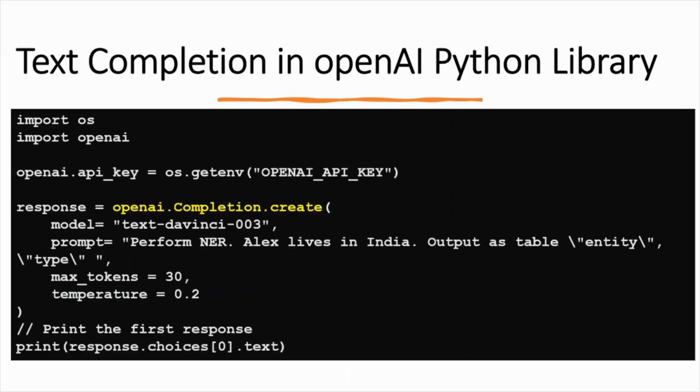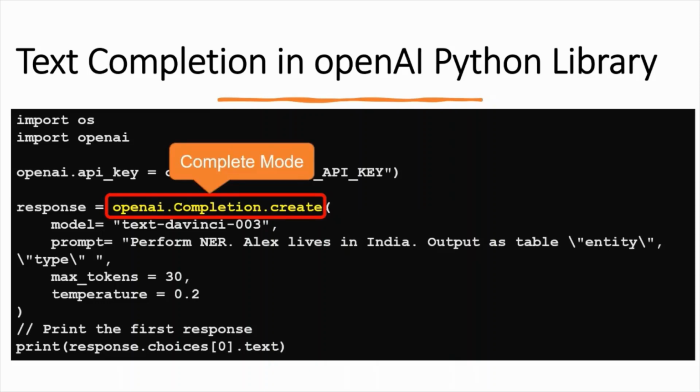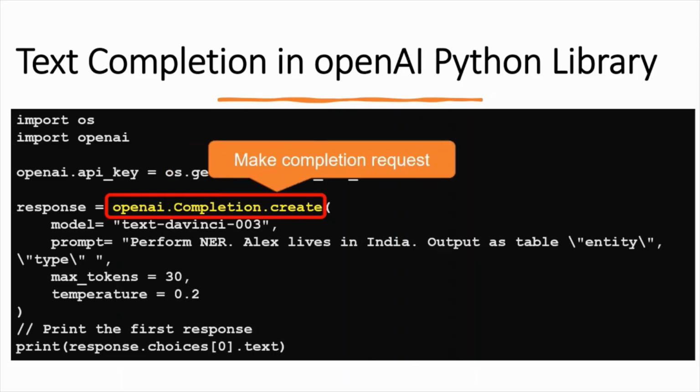There are 4 different modes in ChatGPT: completion, chat, insert, and edit. So far, we have focused on text completion, or single-turn prompts. For text completion, we use the complete mode in the completion class, and we make a complete request using the create function.